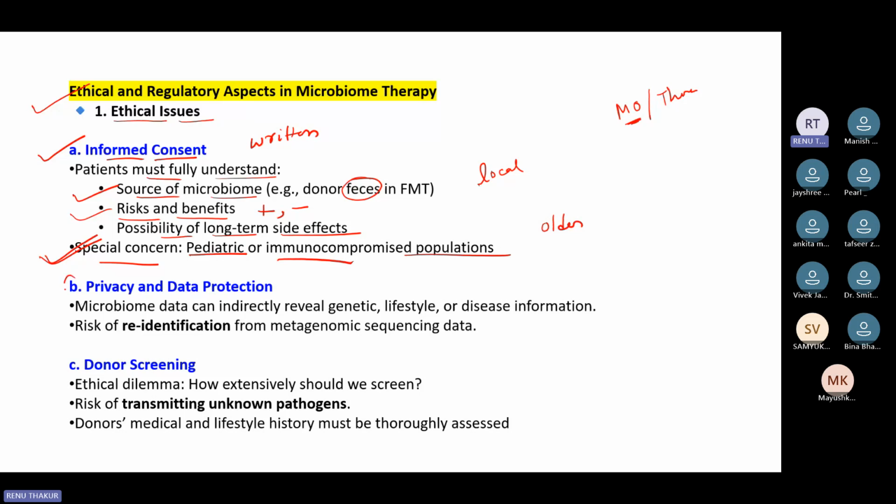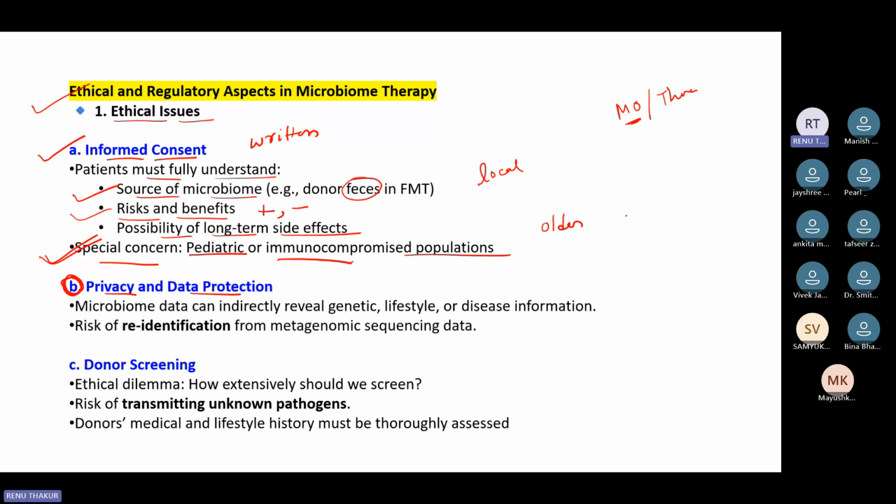Now B, which is again an important part: privacy and data protection. This is the most important part, you can say the heart of the ethical concerns, where the ethical concerns arise. You cannot leak the data of a patient.